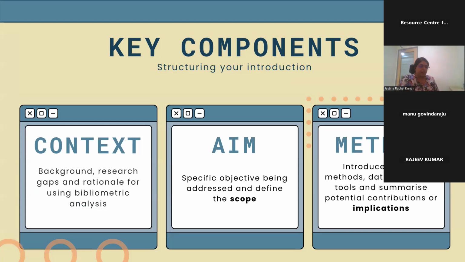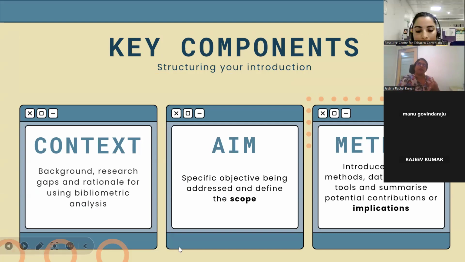When writing the introduction, so far you've realized if you have written a paper before in any type of paper, be it a systematic review, be it a cross-sectional study, be it an RCT, whatever you have written, the introduction does seem very similar.